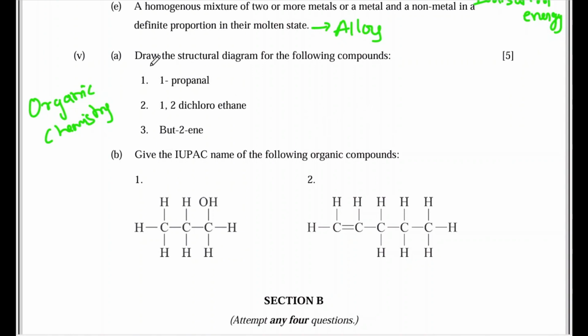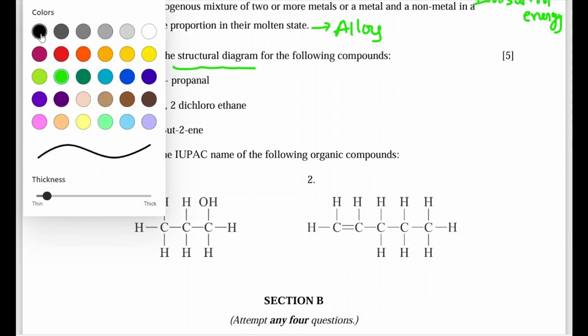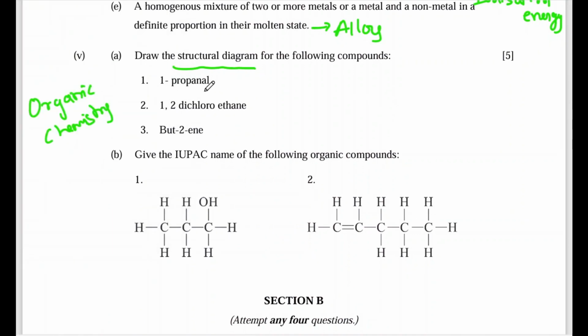Okay. First one, draw the structural diagram. Very, very important. How to draw the structural diagrams. See here, one propanol. So prop means 3 carbon. So first you write, I'm writing here, 1, 2, 3 carbon. An means all are single bond. Al, the secondary suffix is Al means aldehyde.